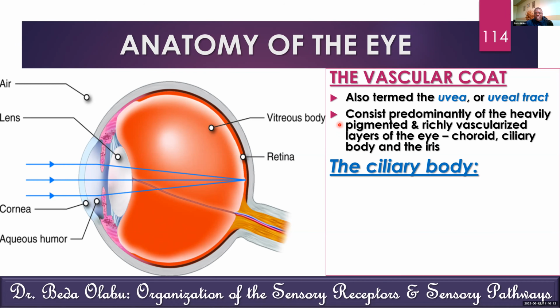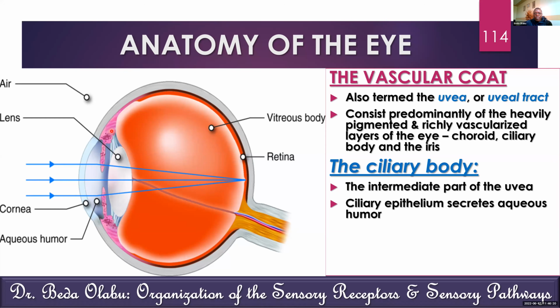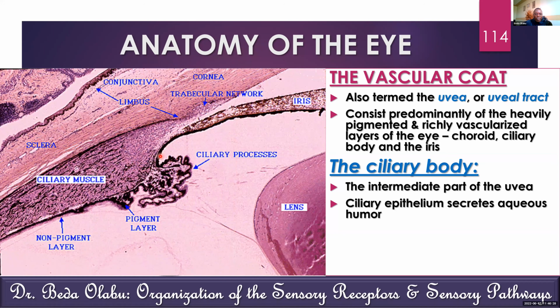The second component of the vascular coat is the ciliary body. So this is the ciliary body there. The ciliary body is lined by ciliary epithelium, and ciliary epithelium is heavily pigmented, as you can see in this region.